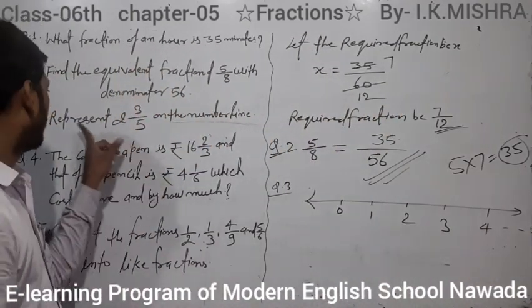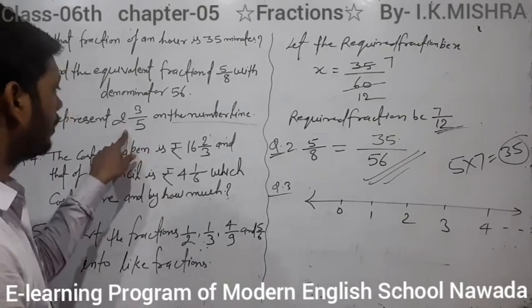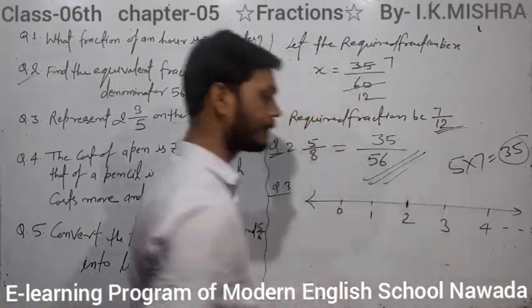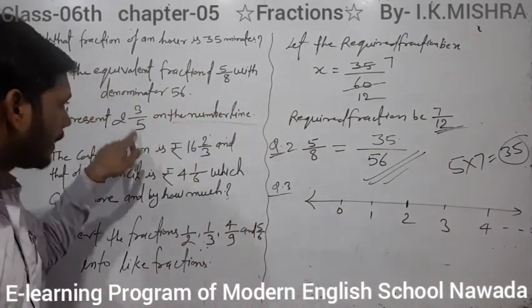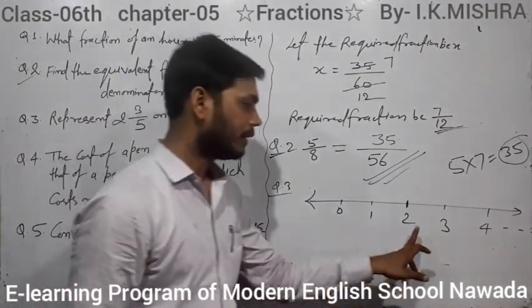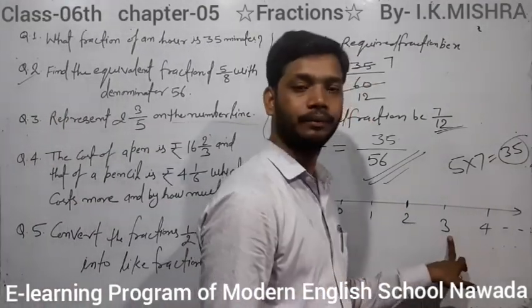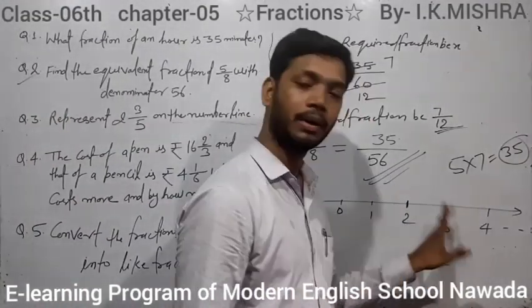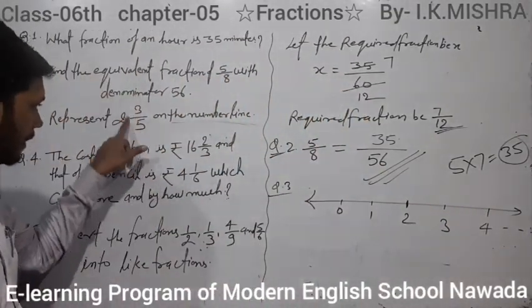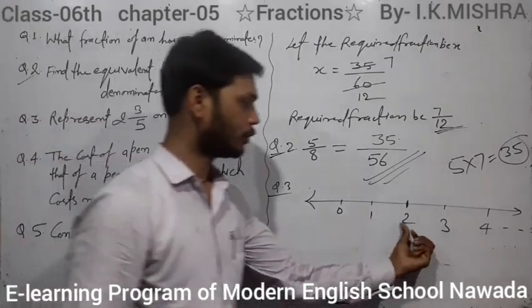Here we have to represent 2 whole 3 by 5. That means 2 is here and after that 3 by 5. That means this fraction lies between the natural numbers 2 and 3. So we have to represent 3 by 5 between 2 and 3.